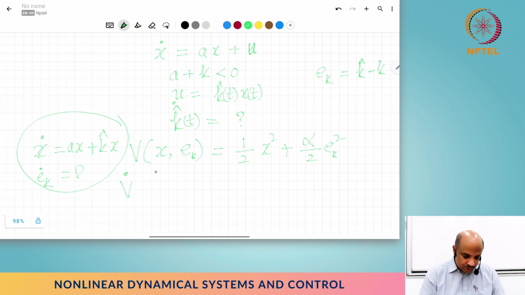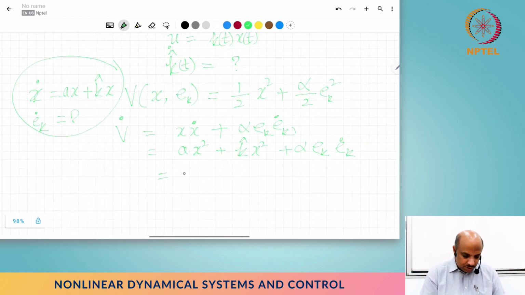So V dot is going to be equal to x x dot plus alpha e k e k dot. But x dot is a x plus k hat x, so a x squared plus k hat x squared plus alpha e k e k dot, and I can add and subtract k.